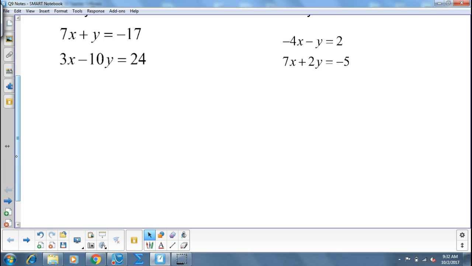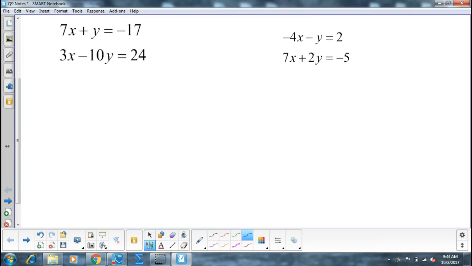So, Cramer's rule on the first one says, if I'm going to solve for x, I like to first write down the denominator. 7, 1, 3, negative 10.